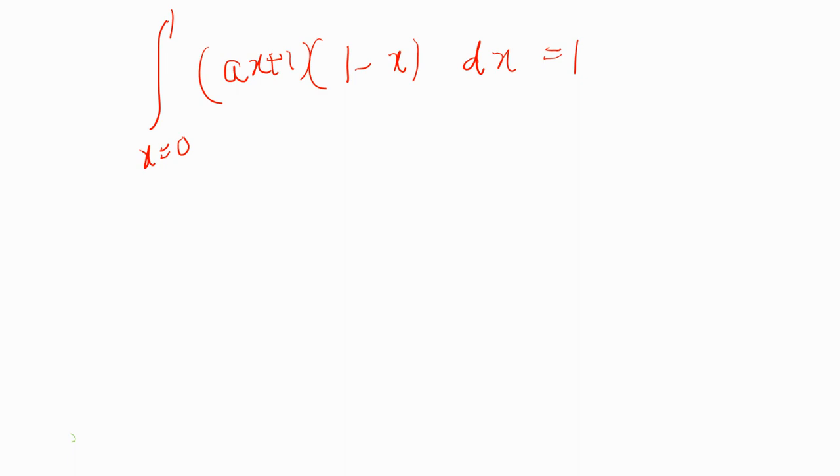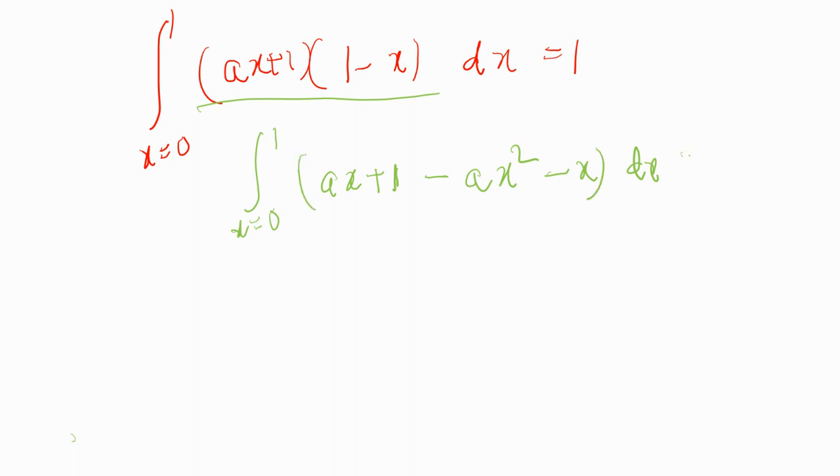So now we can just multiply it and solve it. It will be the integral from 0 to 1 of ax plus 1 minus ax square minus x dx equal to 1. Okay.